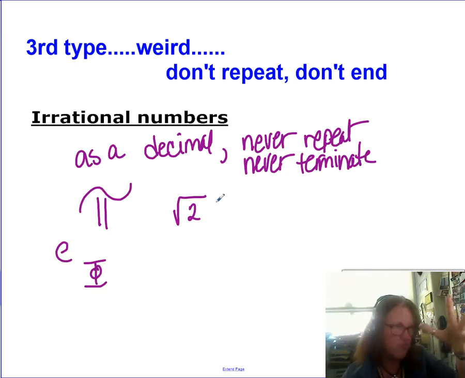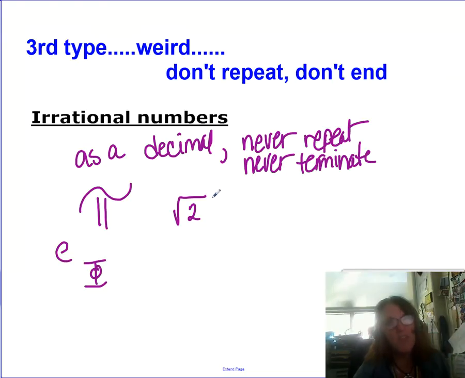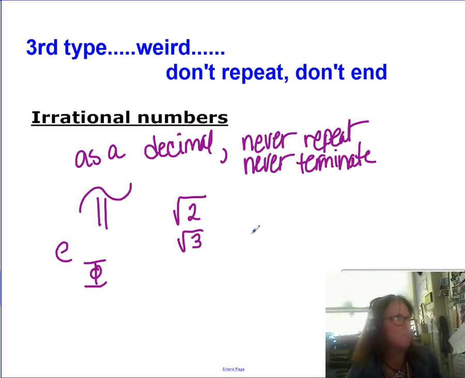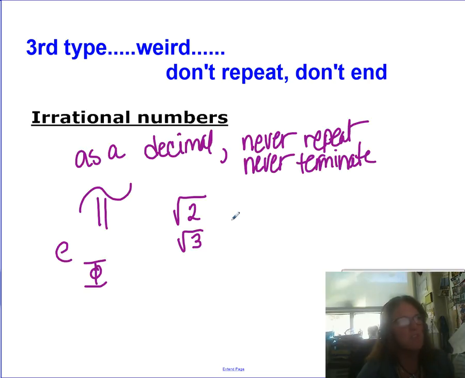Square root of 2 is irrational. The square root of 3 is irrational. It's a freaky, weird decimal. It's around 1.6, I think, or 1.57, something like that. Never repeats, never ends. Weirdo.